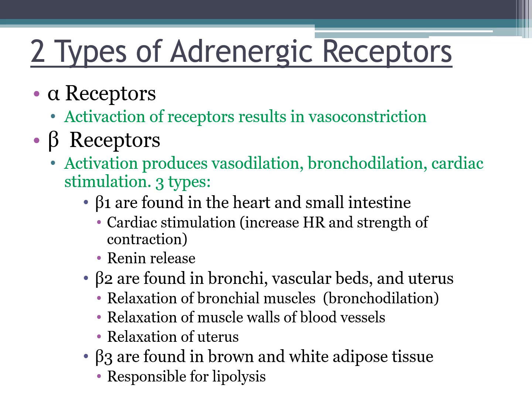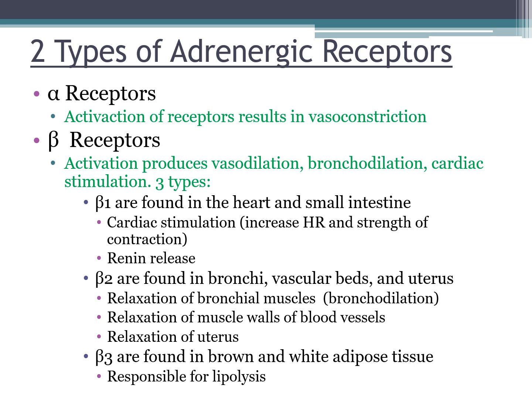There are two types of adrenergic receptors: the alpha receptor, activation of which results in vasoconstriction, and the beta receptors, activation of which produces vasodilation, bronchodilation, cardiac stimulation. There are three types. Beta 1s are found in the heart and small intestine, and they cause cardiac stimulation and renin release.